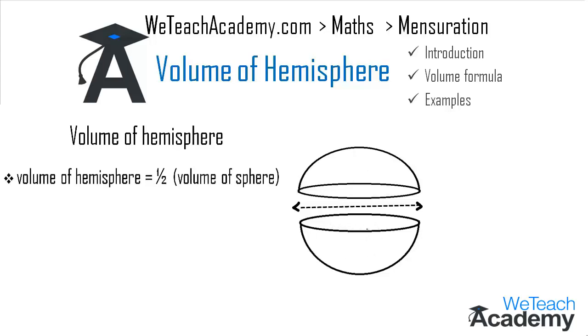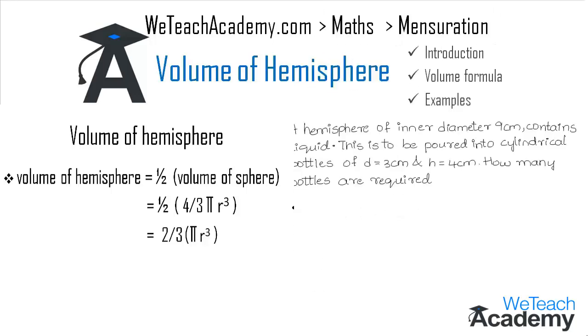So the volume of each part will be equal to half of the volume of sphere. So here we get half of 4 by 3 pi r cube, where 4 by 3 pi r cube is the volume of sphere. Hence we get 2 by 3 pi r cube cubic units as the volume of hemisphere. And now let us discuss a few examples on this formula.